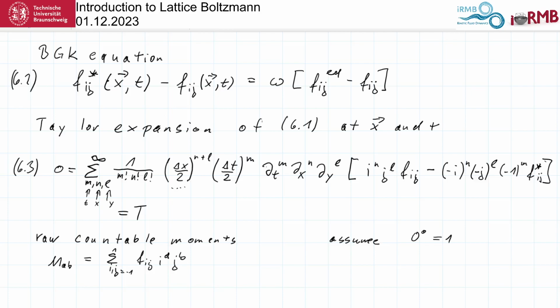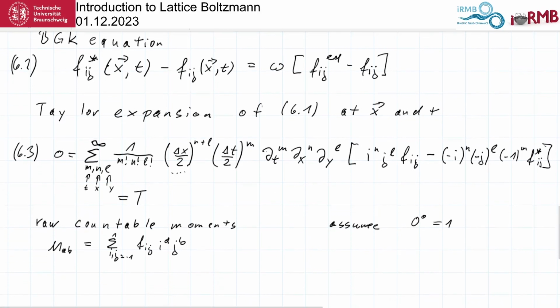So this is the assumption that we make. Now this would be the pre-collision moment. Then we can also write the post-collision moment with the star here. That's very simple, -1 to 1, the same thing on the post-collision distribution.